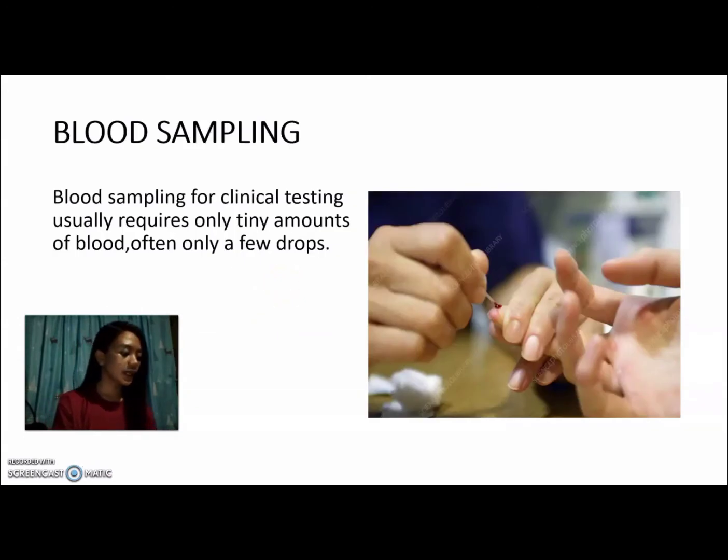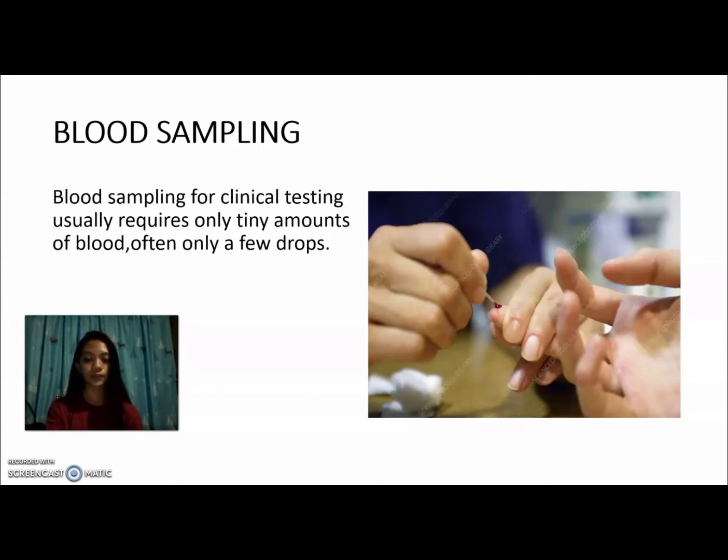Blood sampling. Blood sampling for clinical testing usually requires only tiny amounts of blood, often only a few drops. Okay? Blood sampling ay yung pag-collect mo ng blood samples para matest mo yung blood.